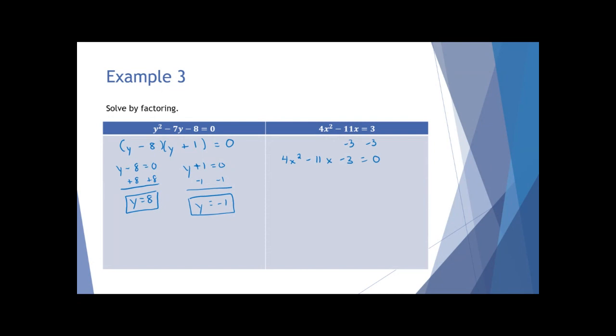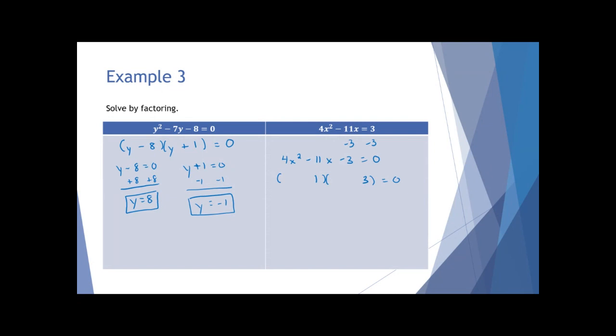Now I can factor. This one I'm also going to factor by trial and error just because they're relatively small numbers. There's only one possible way to multiply to 3, so I know it's 1 and 3. I just don't know whether it's a positive or minus in each spot. And so I can just do some quick guessing and checking.